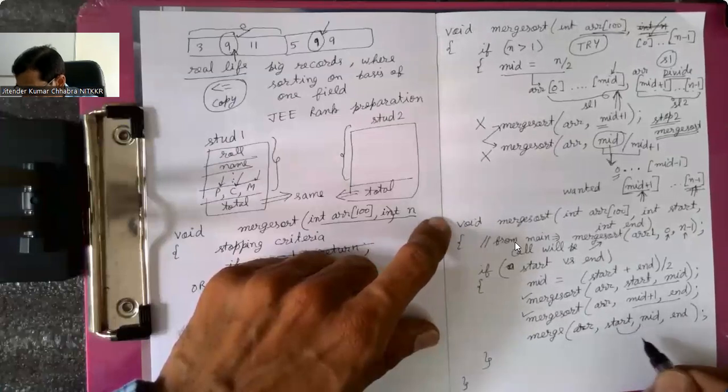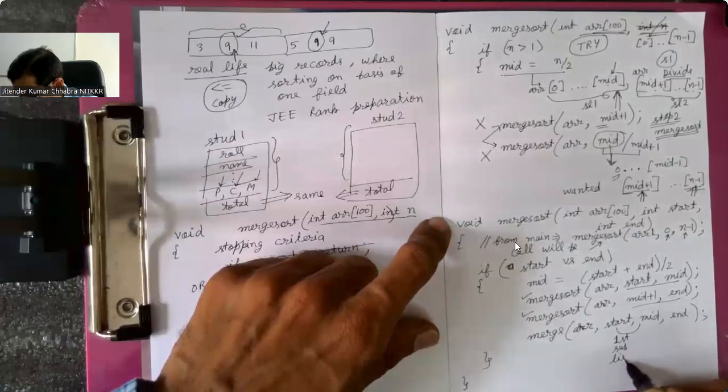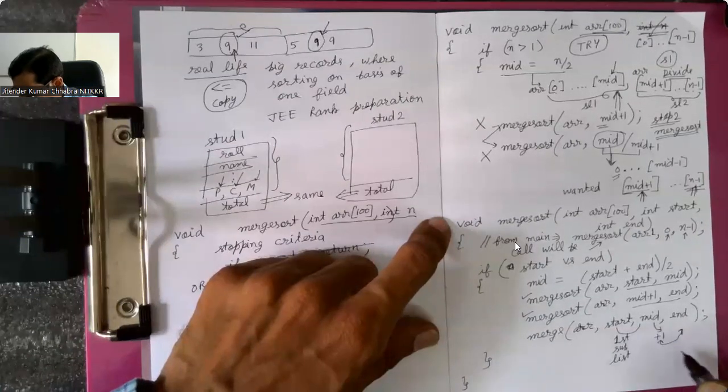This means your first sublist, and mid plus 1 to end will become second sublist. That is SL2. This was SL1.